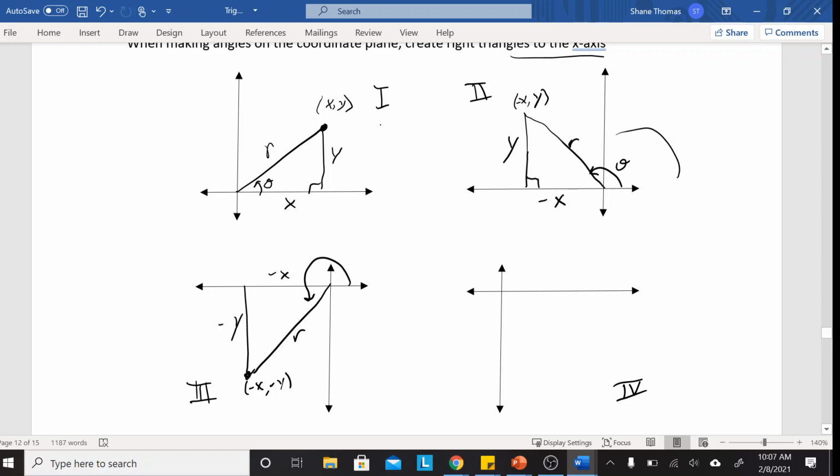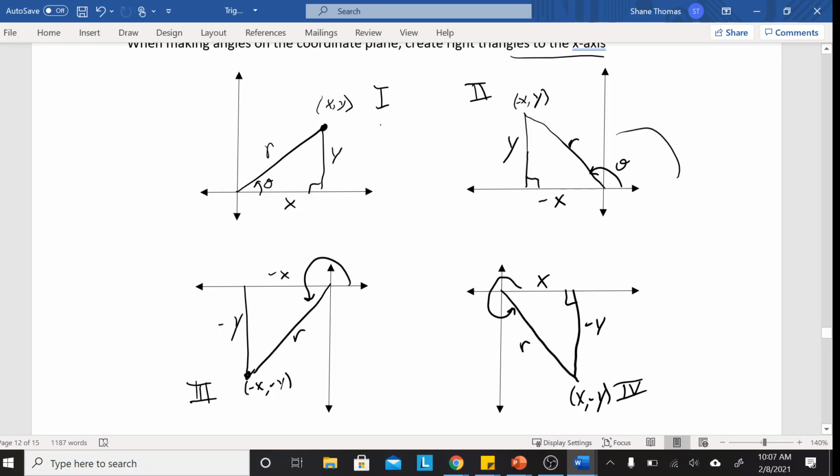And then lastly, in quadrant four, my triangle would look like this. Here's my angle. My point would be a positive x and a negative y, making this negative y here. This would be positive x. That would be my radius.